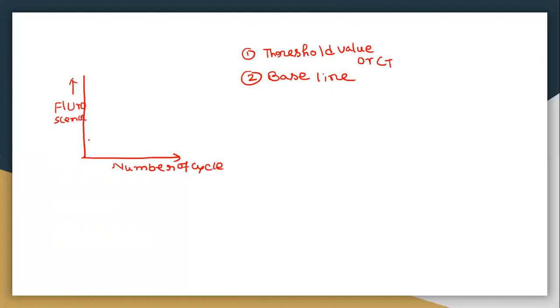From the baseline, these are the threshold cycles. Suppose it's 5, 10, 15. So 15 is the threshold cycle.